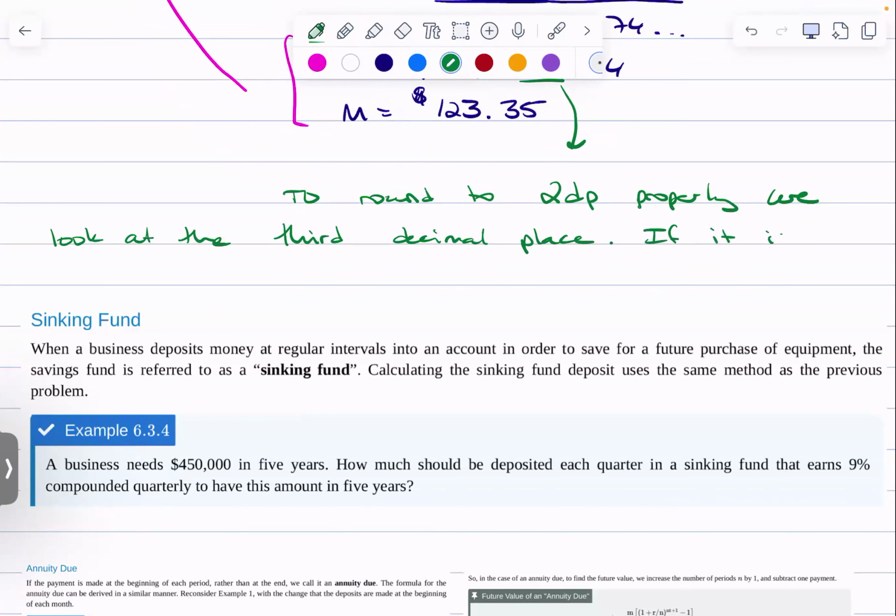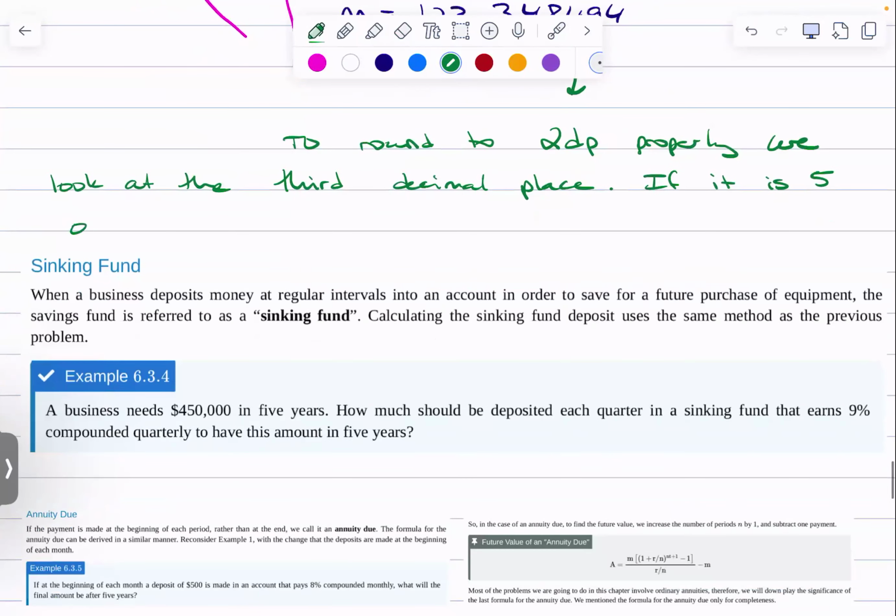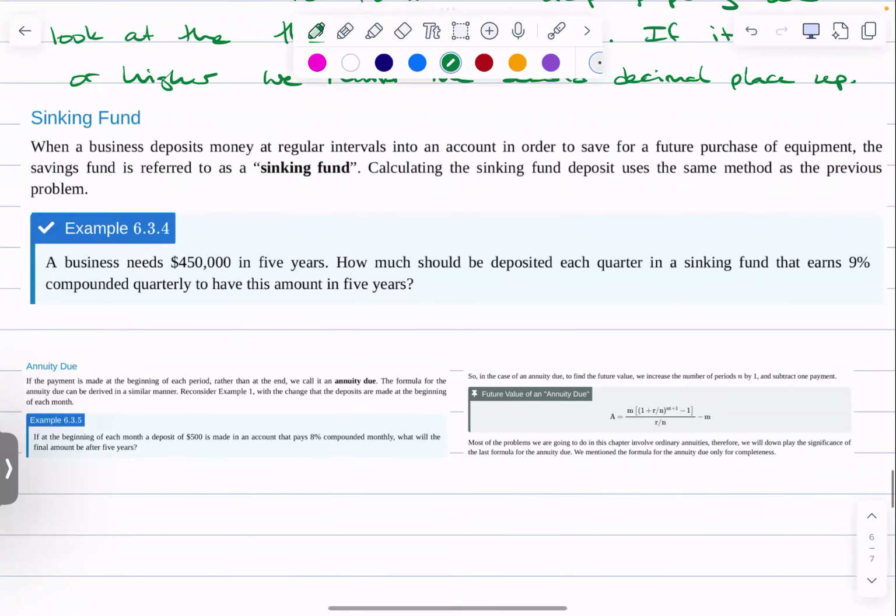If it is 5 or higher, we round the second decimal place up. And then if not, then you keep it as is.